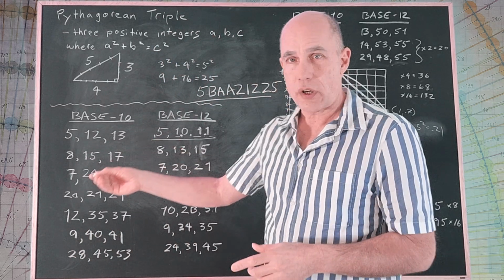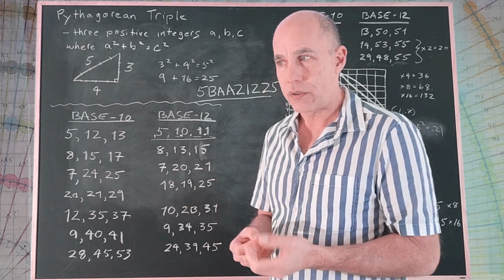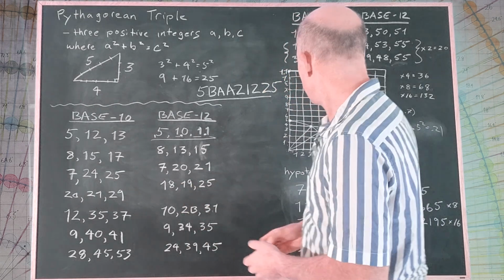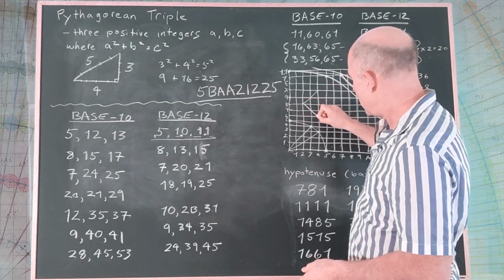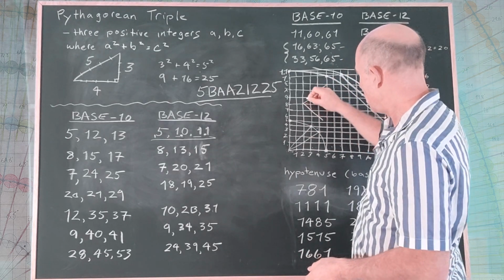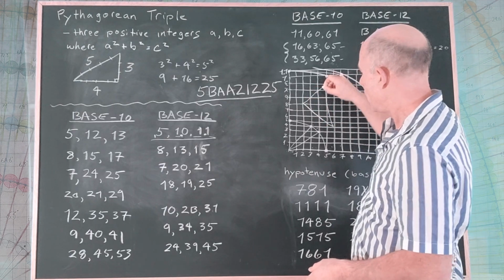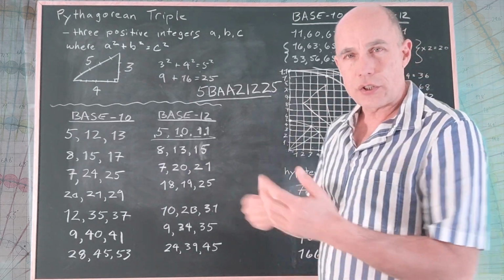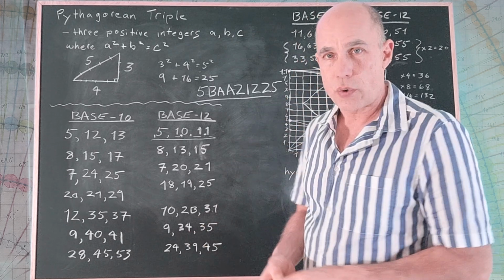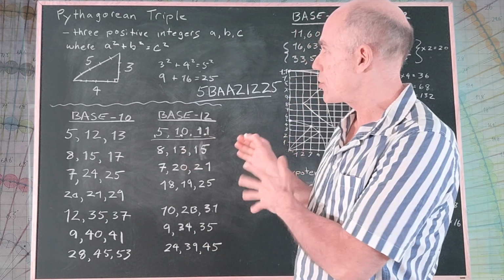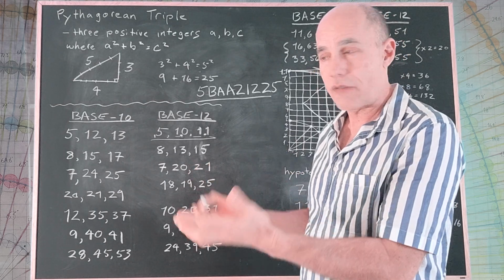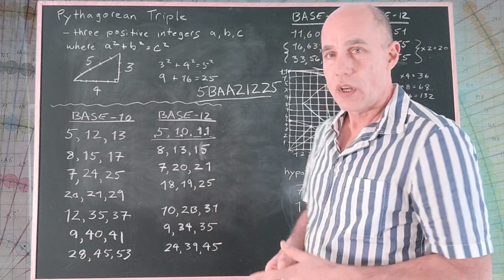All of these triplets can also be presented as in units of square root of 2. If you go this way, there's 3, 1, 2, 3, 4, 5. You still have the right angle in there when you build in units of square root of 2. So there's a lot of things you can do with these Pythagorean triplets that I'm just discovering. I thought it was something interesting and new.